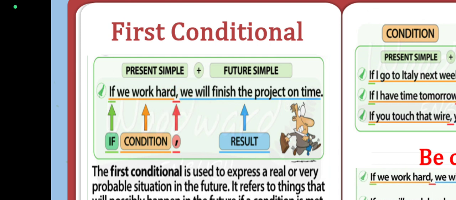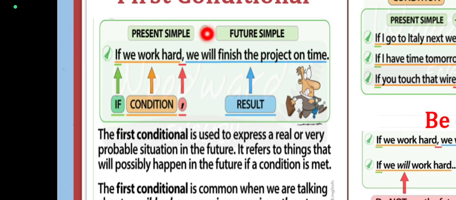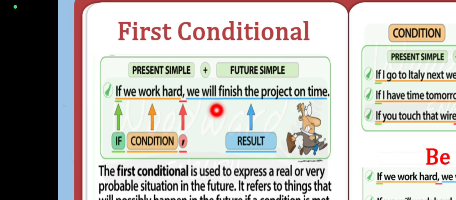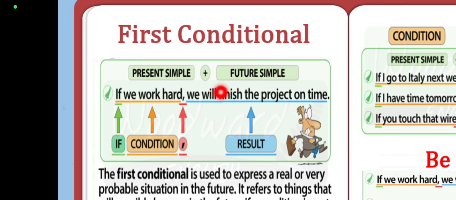So we have 2 clauses, the conditional clause and the result clause. You have to be careful with that. They are separated by a comma. Conditional clause, if, comma, and this is the result clause. In this case, because it is first conditional, the result clause will be in future simple, and the conditional clause would be in present simple.